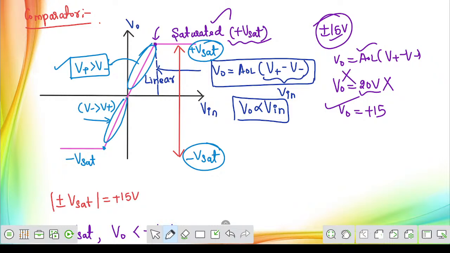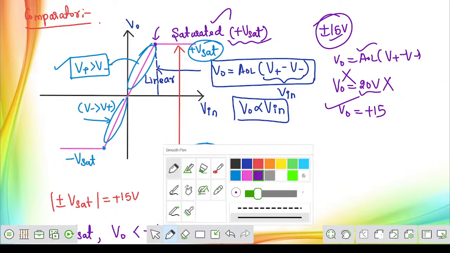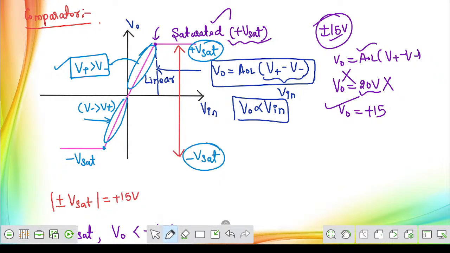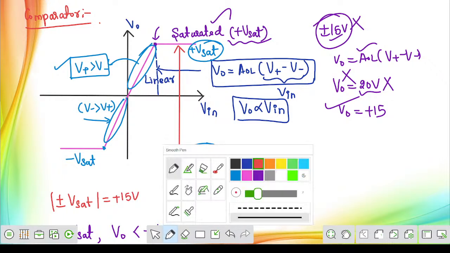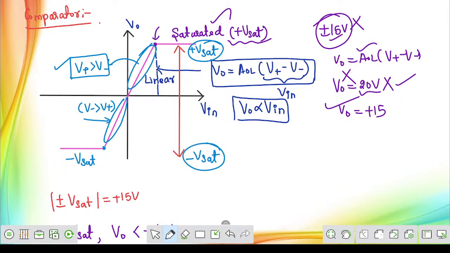While solving questions in the examination, you have to be very careful if the saturation voltage is given. Suppose the saturation voltage is not given, how can you find out whether the output voltage is crossing the saturation voltage or not? If it is not given, whatever value you get on the output side will by default be your answer.